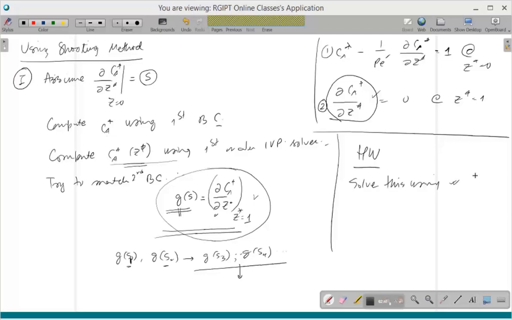By now you should have been able to implement and know how to implement different techniques, and you can check which one is good, which one fails, etc. So you have to do a little bit of analysis and a little bit of playing around with these different techniques, using any IVP solver.